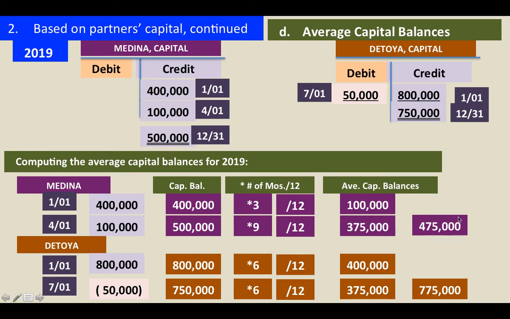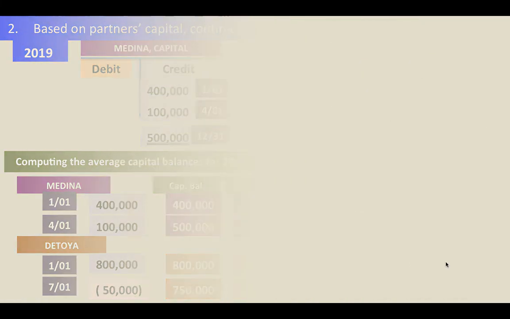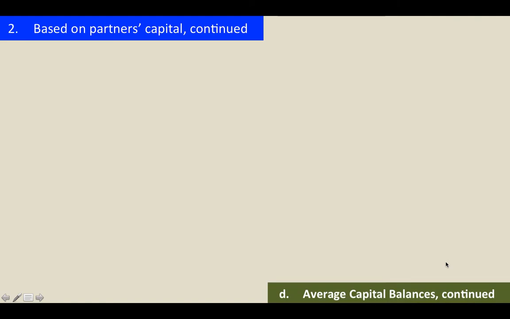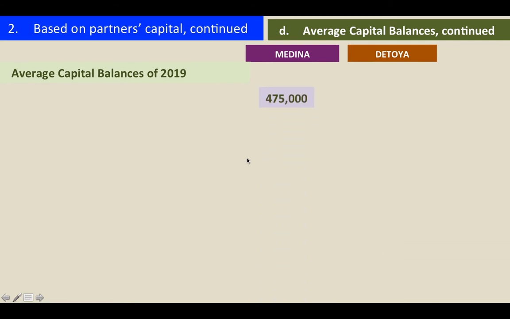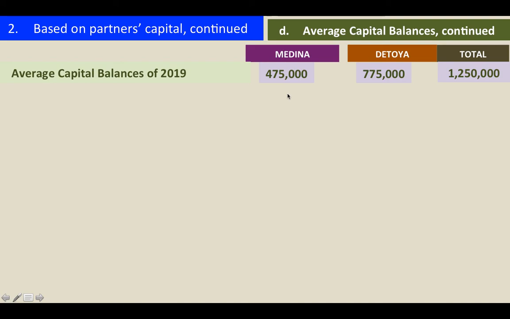Now we are going to use this average capital balances in determining the ratio. So now we will distribute using the average capital balances of Medina that we have calculated. Okay? So 475,000 for Medina and De Toya 775,000 for a total of 1,250,000.